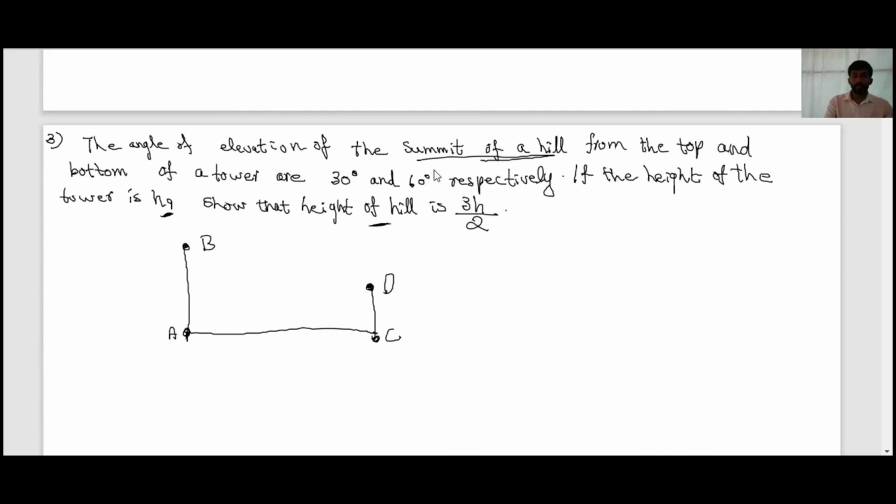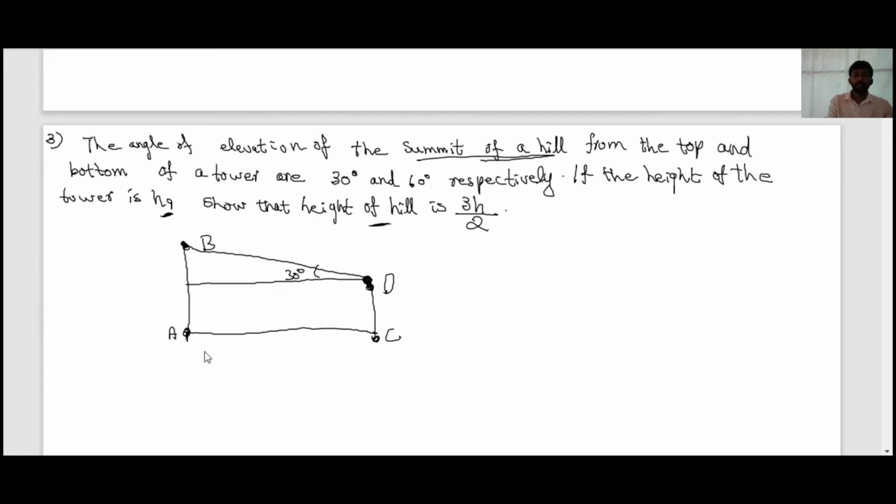See, angle of elevation of the summit of the hill, that means point B, from the top and bottom of a tower are 30 degree and 60 degree. First you are seeing top of the hill from the top of the tower. Then our reference line will come from the person's eye. From here you are looking at top of the hill. That time angle of elevation is 30 degrees given.